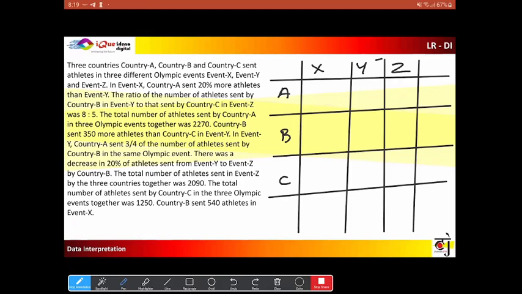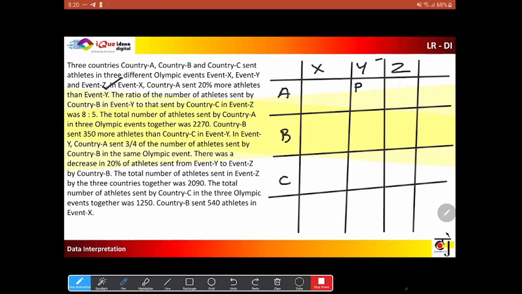So the first one we start with: in event X, country A sends 20% more athletes than in event Y. So can I start with it sends P number of athletes in event Y?